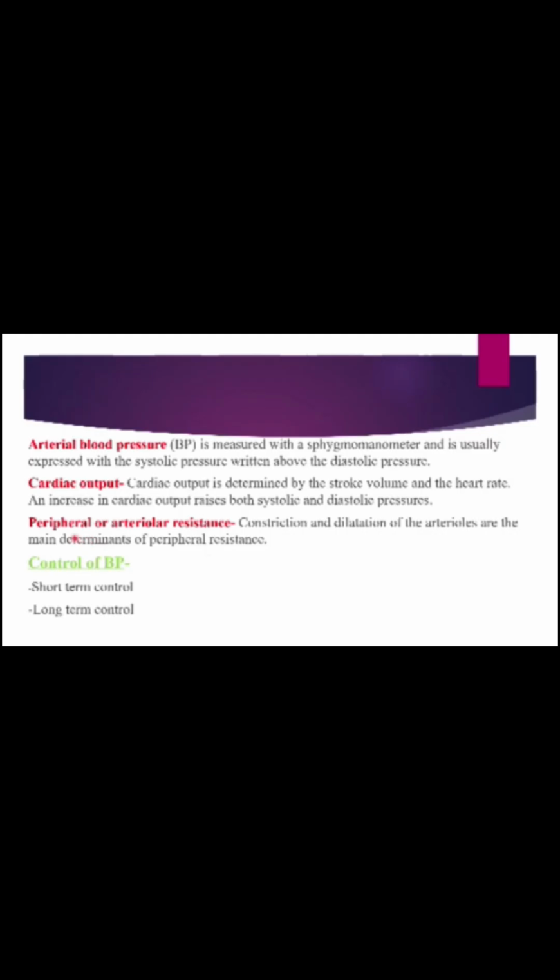What is stroke volume? Stroke volume means the amount of blood ejected from each ventricle per contraction. If stroke volume increases, the systolic blood pressure will increase more than the diastolic blood pressure, and if cardiac output increases, both systolic and diastolic BP will increase.